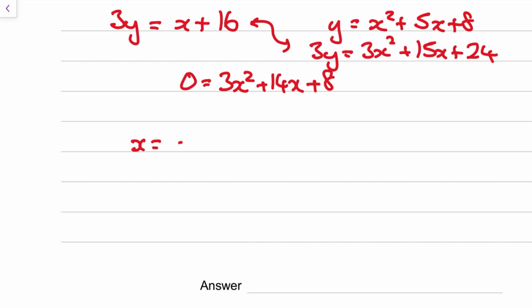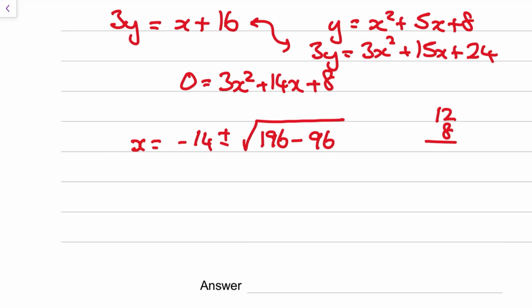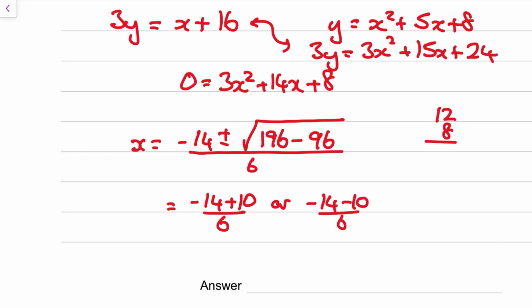So x equals minus 14 plus or minus the square root of 14 squared, 196, minus 4 times 3 is 12, times 8, 96. Oh yeah, that works out to be 100, divided by 6. 196 minus 96 is 100, square rooted is 10, so minus 14 plus 10 over 6, or minus 14 minus 10 over 6.